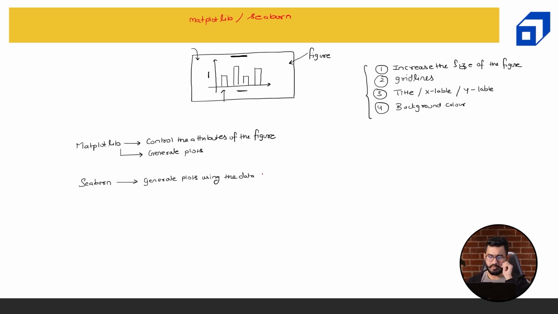Seaborn generates plots which are very clean, and it also provides so many functionalities that you can change your plot. You can add more variety to your plot using Seaborn. So generating a plot using Seaborn is much easier than Matplotlib.